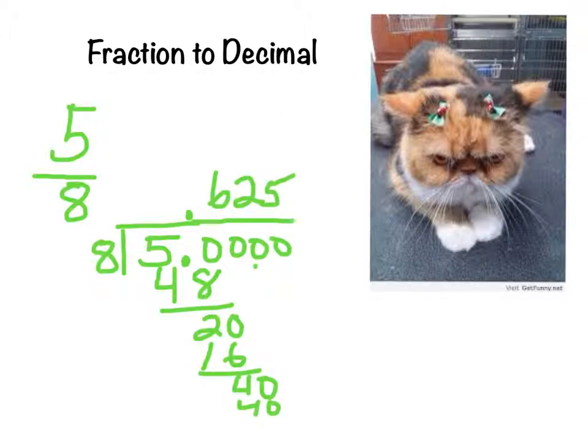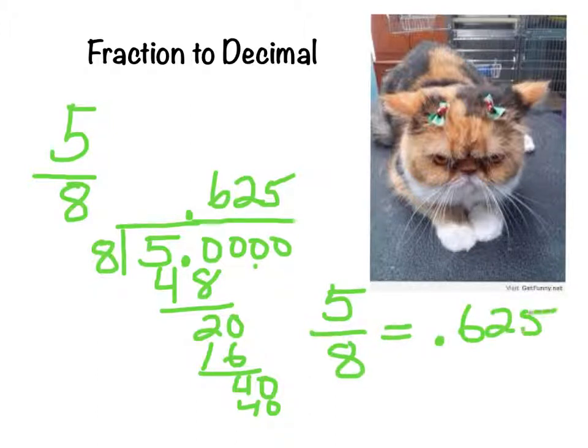And then I'm going to get a 0 there. I don't need my last 0 because 5/8 equals 0.625 or 625 thousandths.